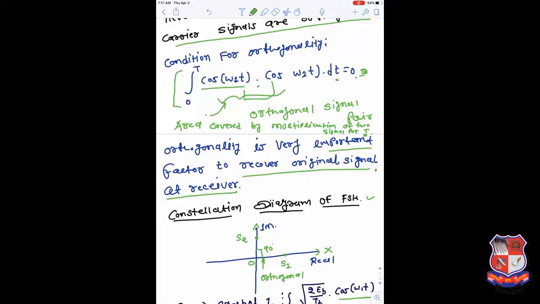The first branch is responsible for identifying the cos omega 1 t signal, and the lower branch is responsible for identifying cos omega 2 t. So C1 of t can be identified by branch 1, and C2 of t can be identified by branch 2, and later they are decoded as a 1 and 0.